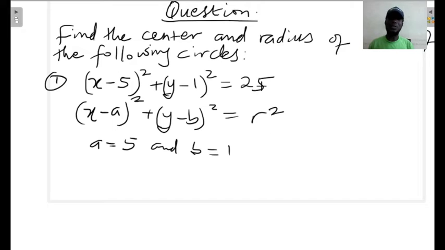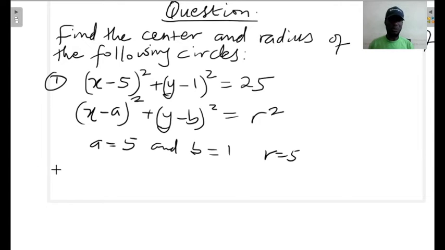And if r squared equals 25, then taking square root of both of them will give us 5. It means that our r equals 5. And we know that the center of a circle has a coordinate (a, b).